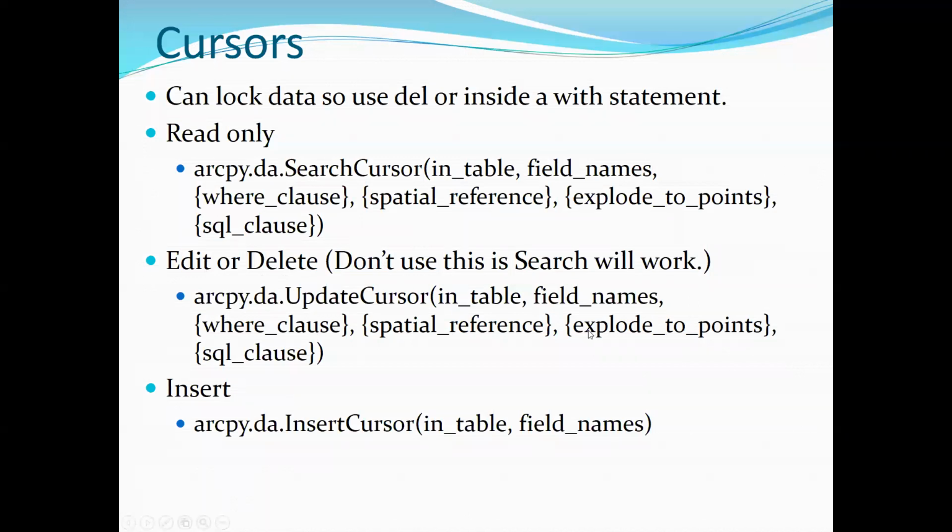So that will take a line or a polygon and give you the actual vertices. So each row would be a vertex of the shape. I haven't found a good use for that, but it's there. SQL clause, you can sort and order by a few different things. If you have SQL Server, you can do something like top, so you can get the top 10.